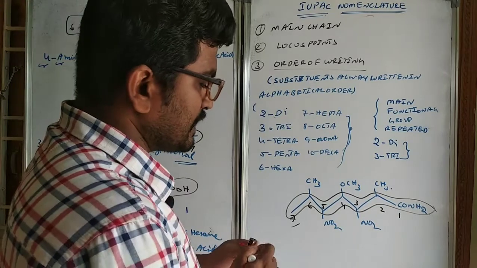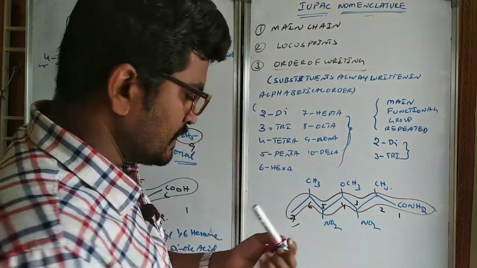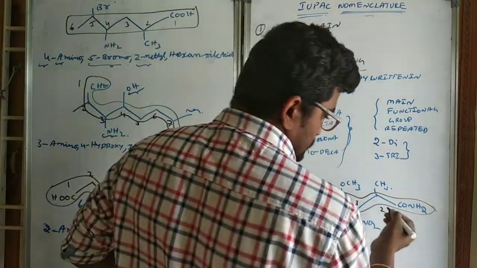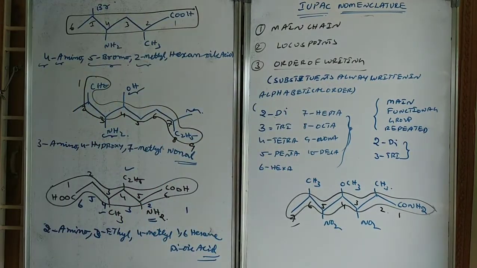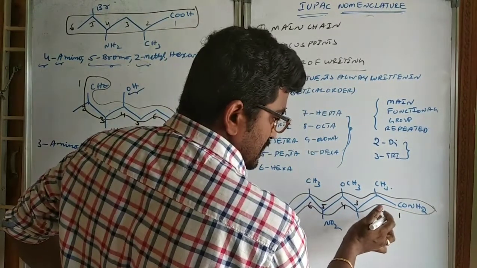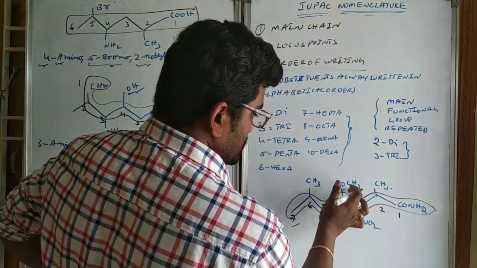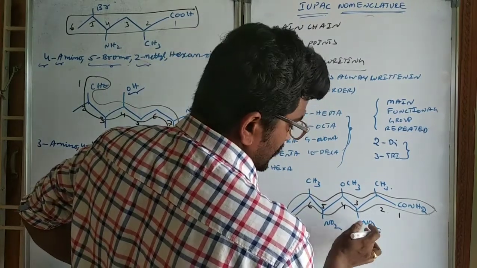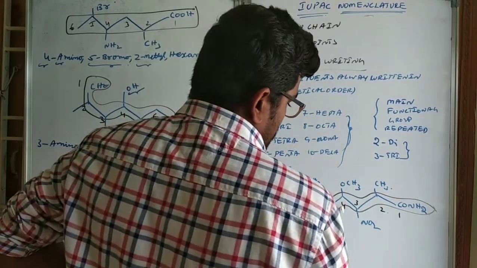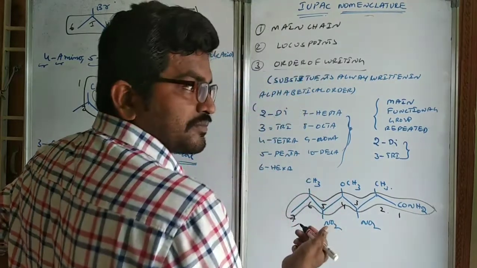This one, an amide we are taking. So amide we are taking means the number will become... from this side you start numbering, and the substituents will be methoxy, methyl, nitro. 2 nitros are there. Methoxy, methyl, nitro. Which comes first?